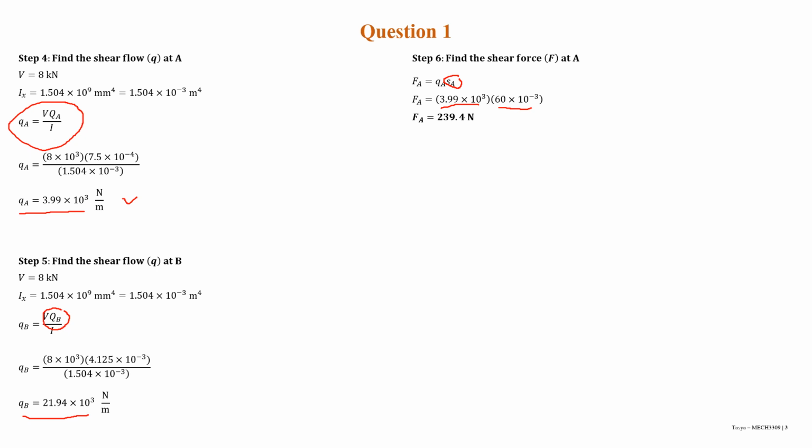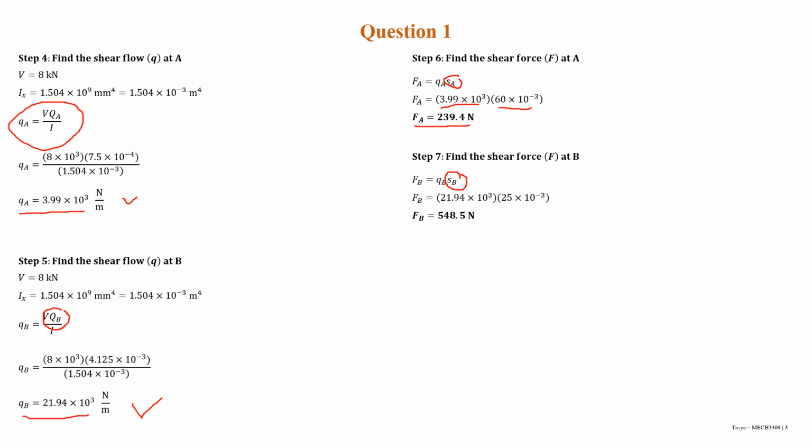So finally we found the FA is 239.4 Newton. And this one is the last, which is the shear force at B, the same as the previous one. We just need to put the known here, the q B, this one, and the SB, or the spacing for B, is 25 millimeter.